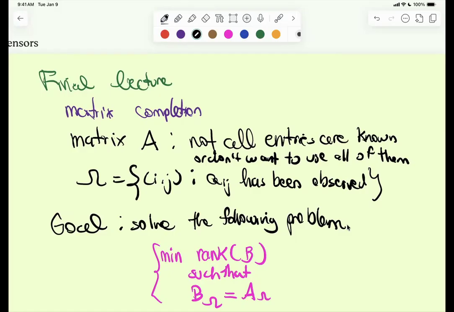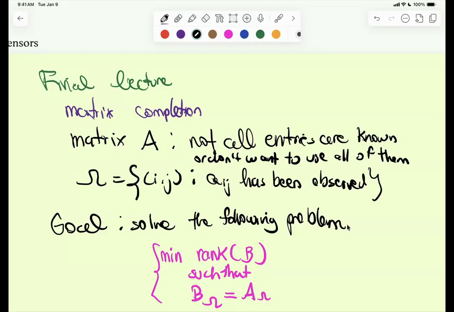So if you just ask how you can recover the matrix without any other conditions, that's not an interesting problem, because, for example, you could just put zero everywhere else. So to make it interesting, the idea in many of these problems is that you try to find a matrix of the least rank possible that completes it.